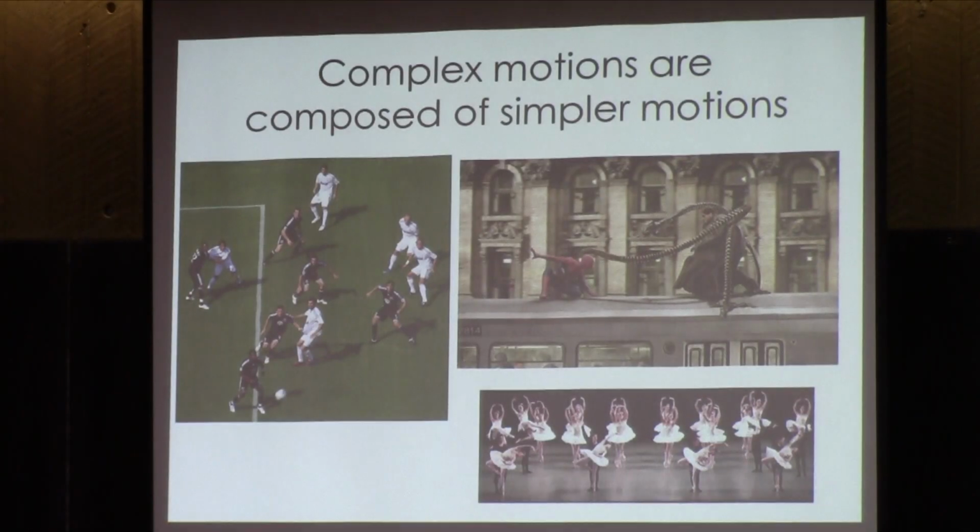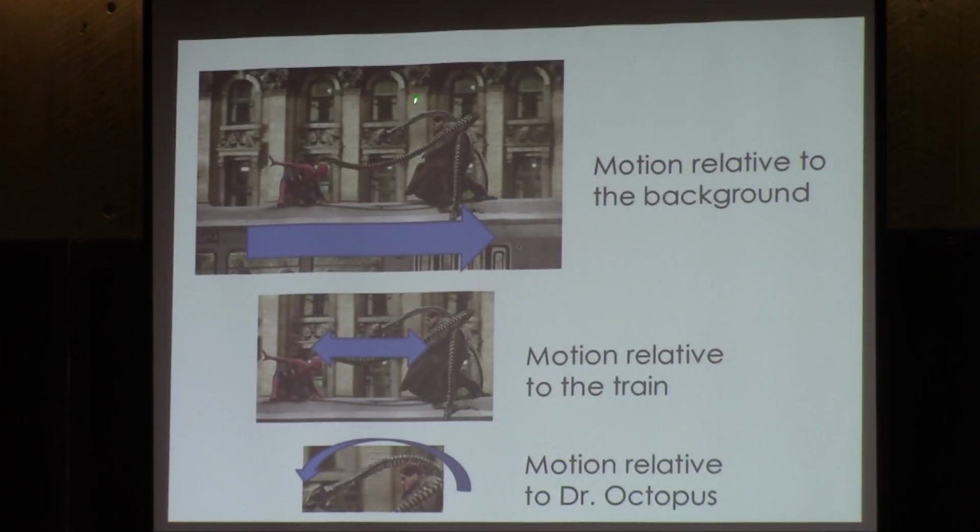So if you look at a complex scene like Spider-Man and Dr. Octopus fighting on the top of this train, it's easy for us to parse this into a bunch of hierarchically nested motions. We can see the two characters' motion relative to the train's motion, also the motion relative to each other, and then the body parts relative to the body.